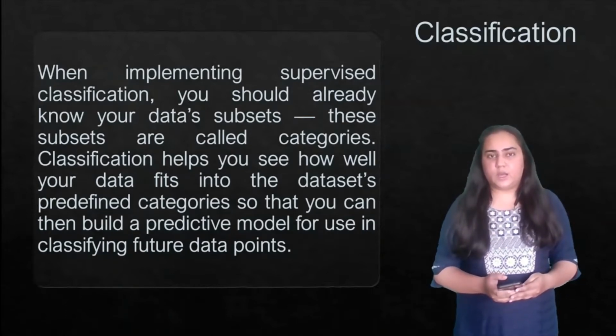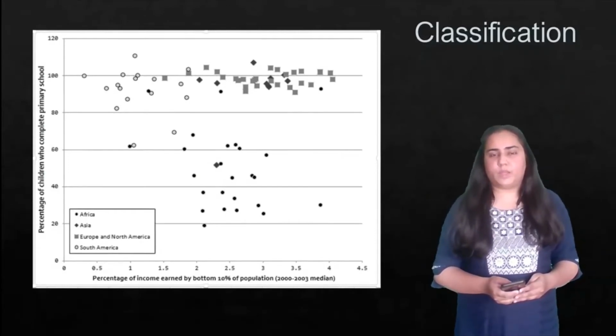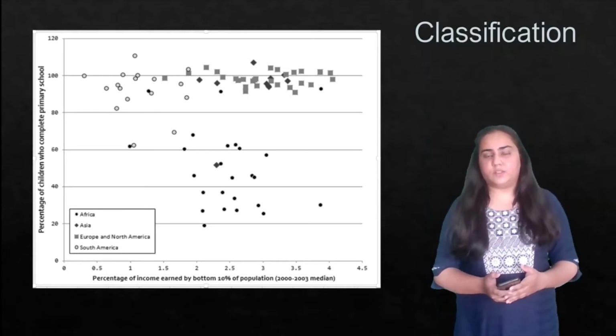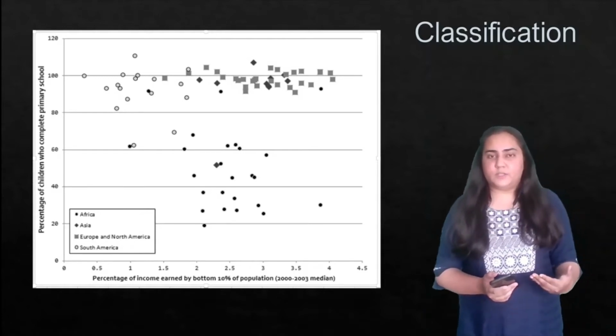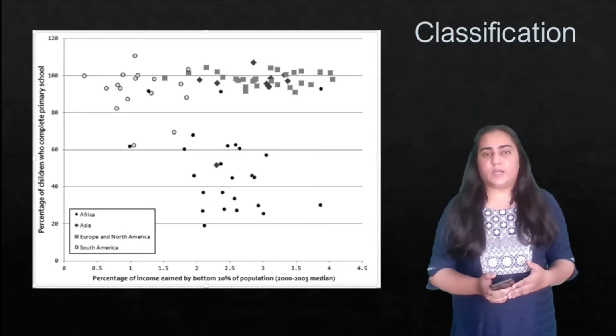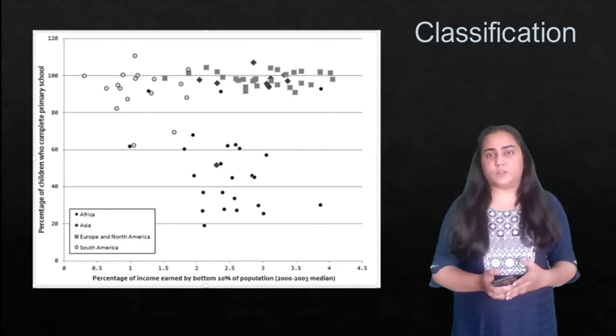Classification helps you to see how well your data fits into the dataset's predefined categories so that you can then build a predictive model for use in classifying future data points. Now, once again, this is the dataset that we saw earlier in the previous video on clustering, which shows in each country the percentage of income of the bottom 10% population, and also the percentage of children finishing primary school education.